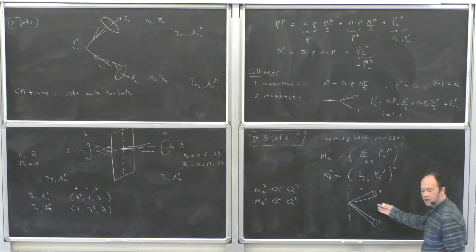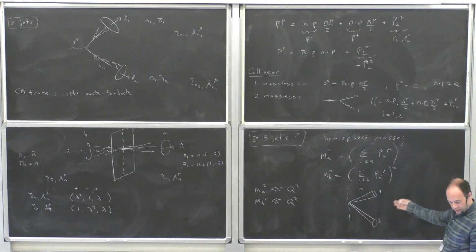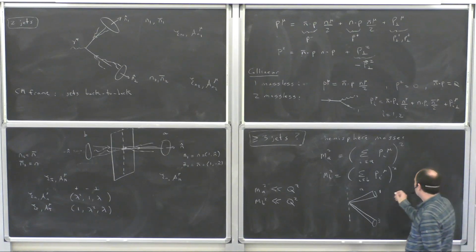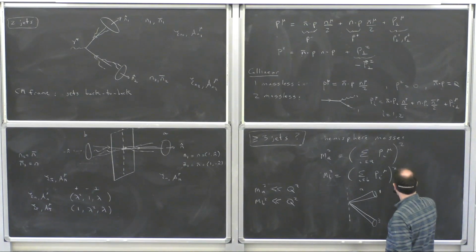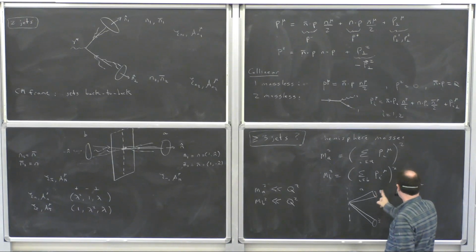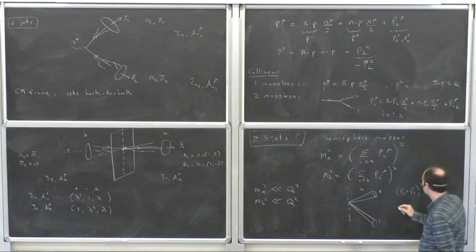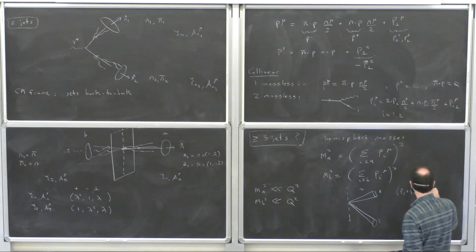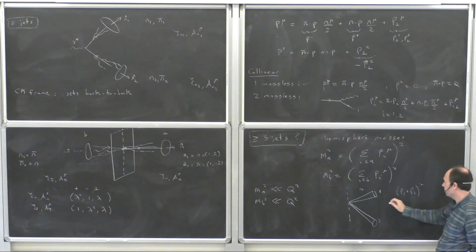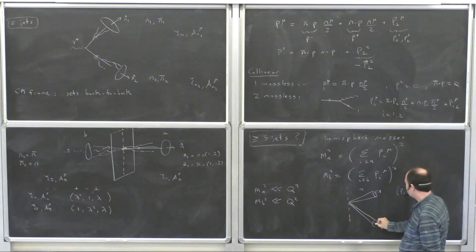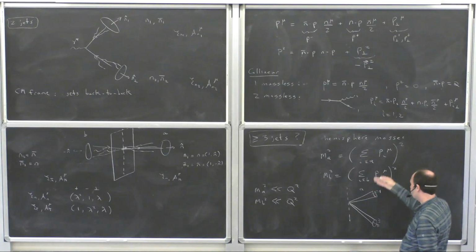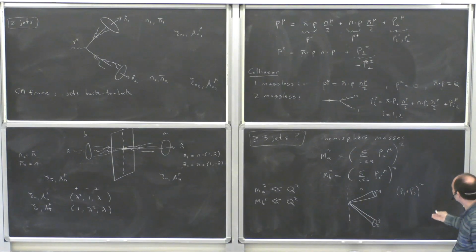We want to see that it's ruled out. Well, in this case, P1 plus P3 squared is giving the mass of hemisphere A. So the mass of hemisphere A would be like adding up all the momenta in this and all the momenta in this. It doesn't care. They're all in this hemisphere A, so I add them up.